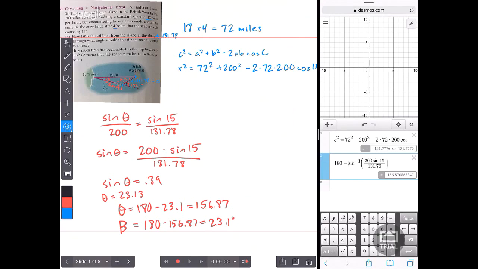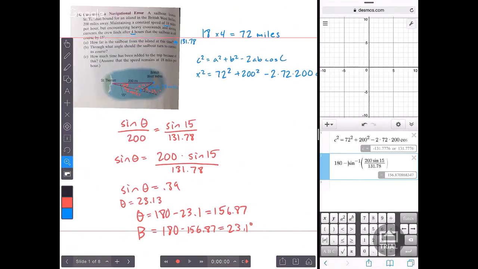So I have my answer here to part B, 23.1 degrees. And I'm assuming that the speed remains 18 miles per hour. So let's see.